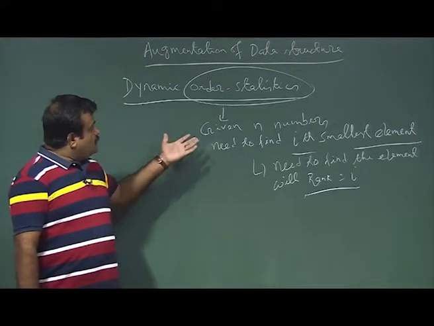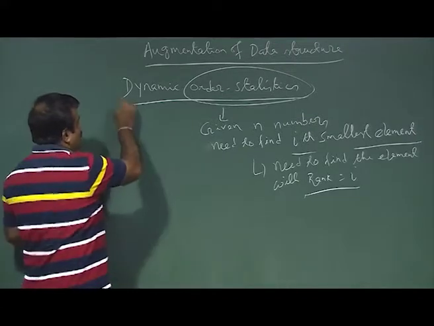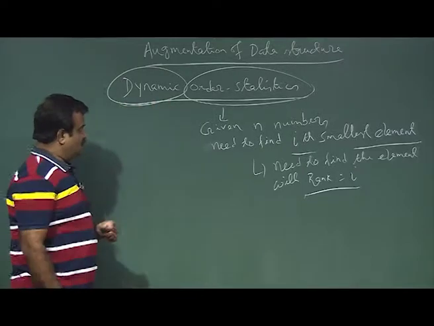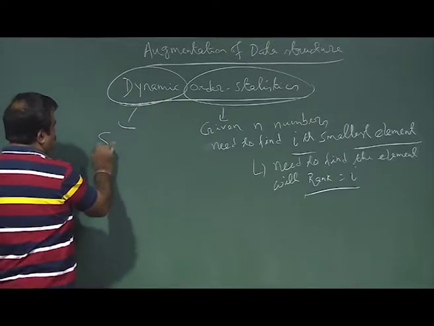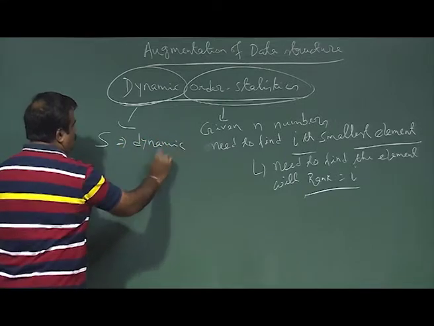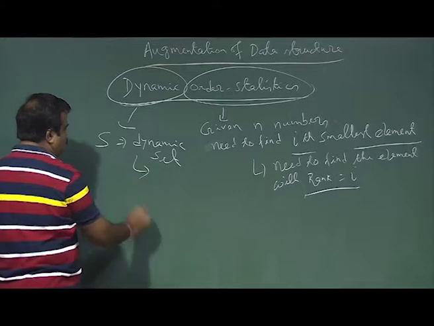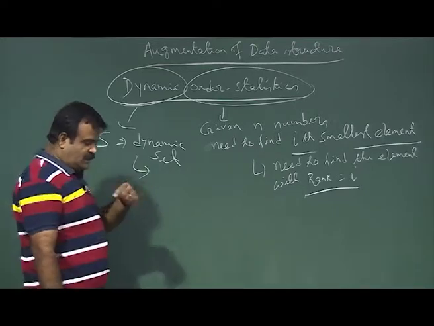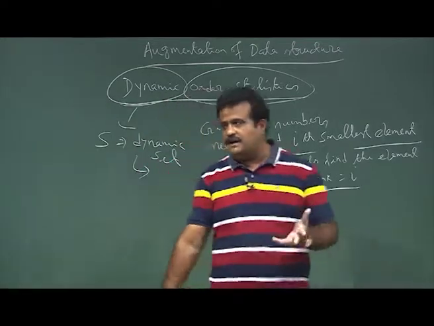Now, if this set is a dynamic set, that is called dynamic order statistics. Suppose we have a set S which is a dynamic set. Dynamic set means it is changing at any time, anybody can join.